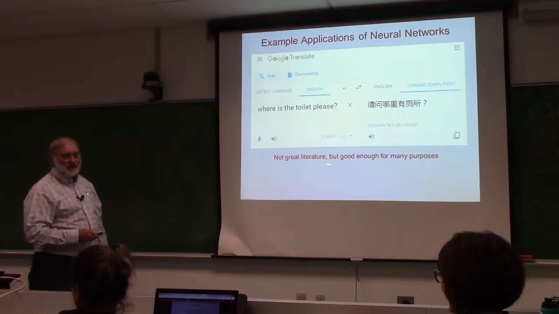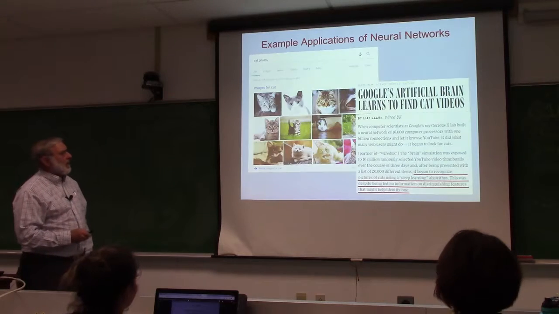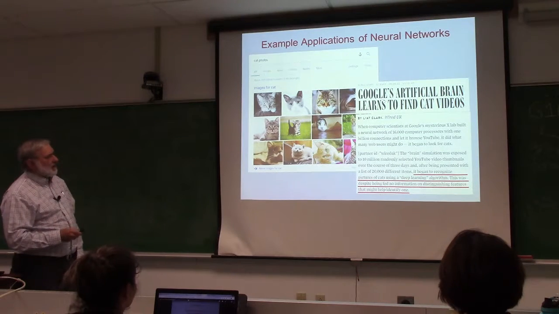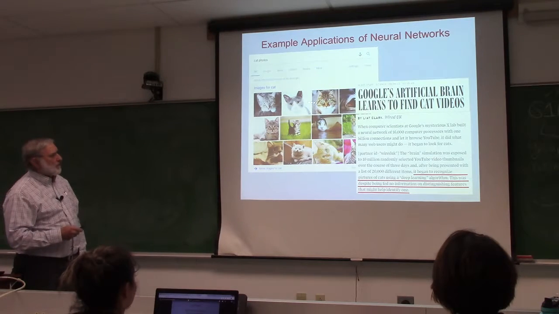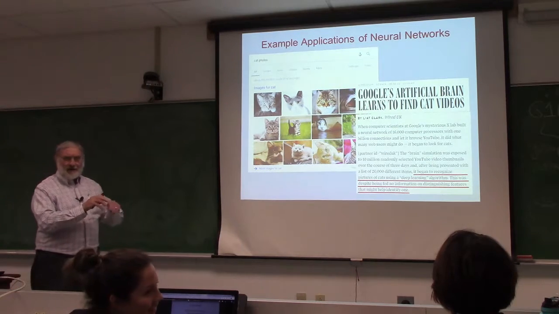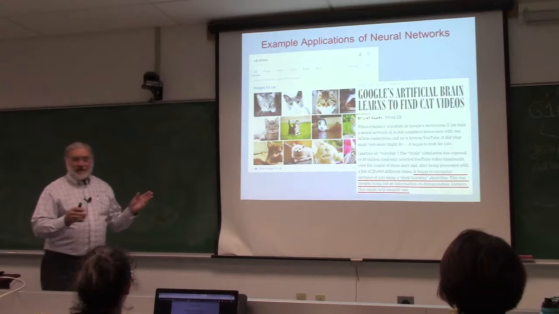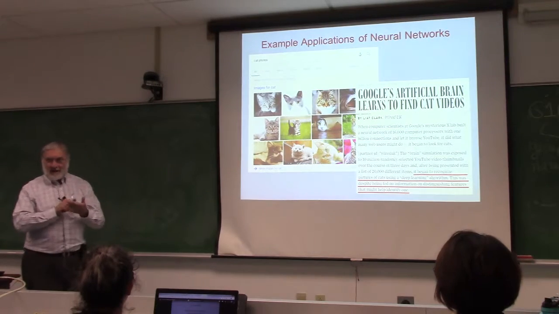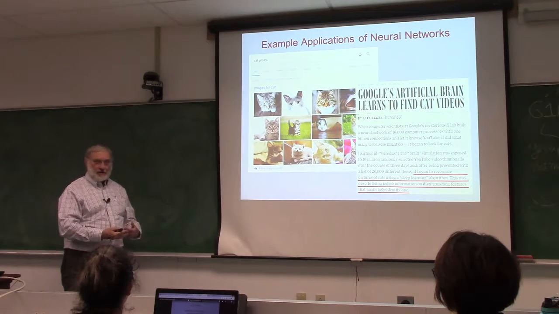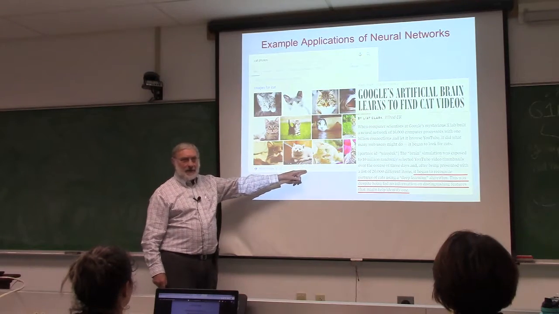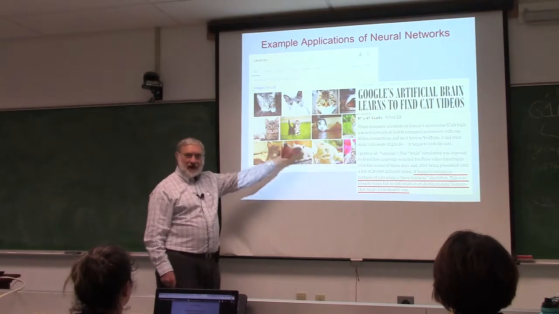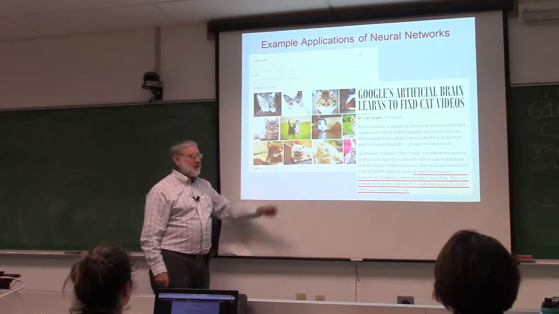Well, that's all being done by a neural network. Here's an article from a couple years ago about Google's, when you Google show me cat pictures, there's not somebody there picking out pictures of cats. There's a neural network that has been trained to recognize cats, and it pulls out these pictures and shows them to you.